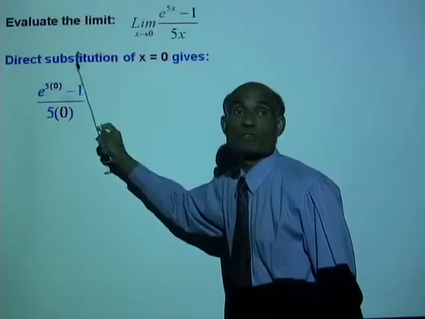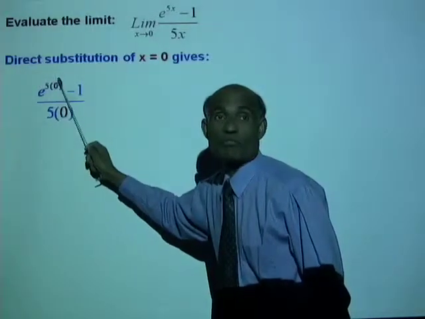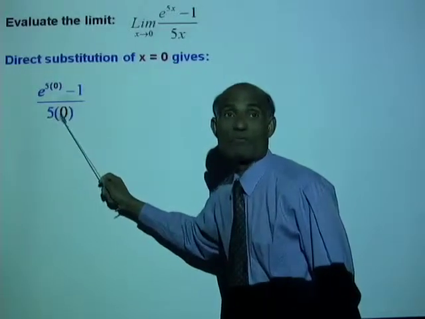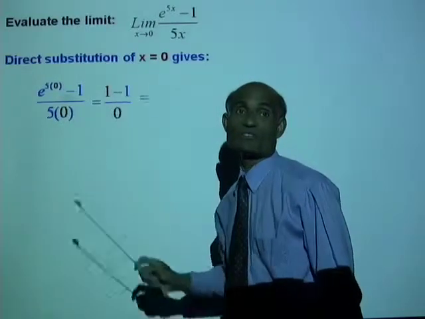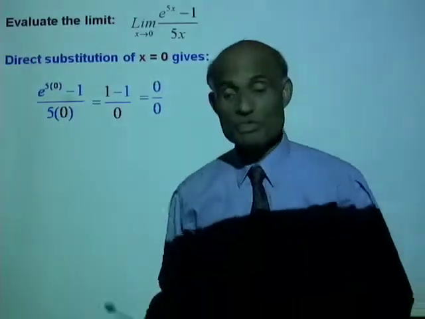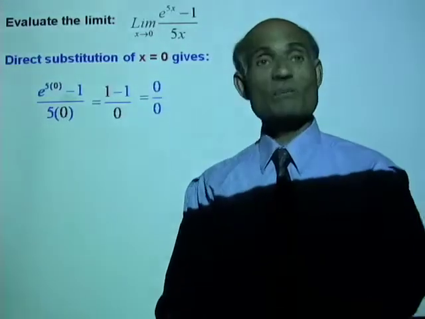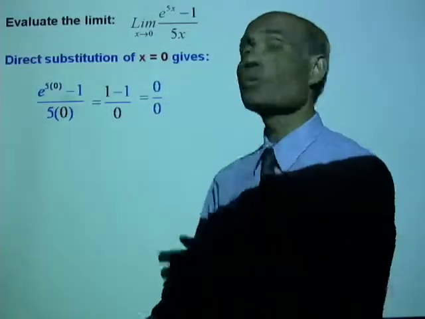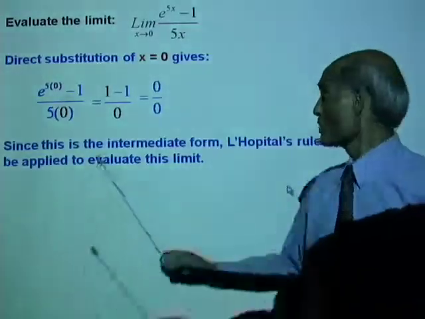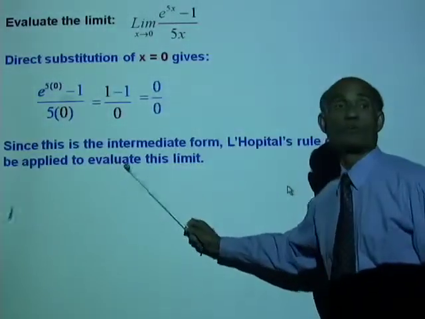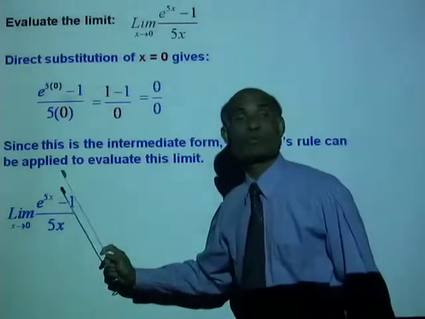When x equals 0, we have e to the power of 5x minus 1 over 5x. That is 0 over 0. This is the intermediate form, which means we can apply L'Hopital's rule. What's the rule?